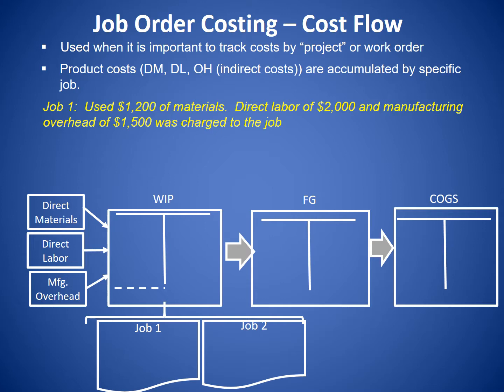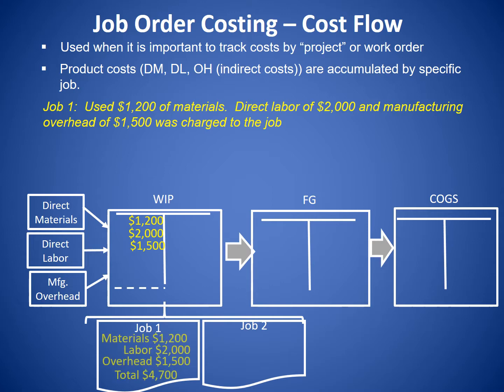That gets accumulated in work in process. So what we see here is the $1,200 of materials, the $2,000 of labor, and the $1,500 worth of overhead, and that is all charged as a debit to work in process. Now, I'm going to assume right now all these costs are offset by credits. Let's assume credits to cash because we're paying for them.